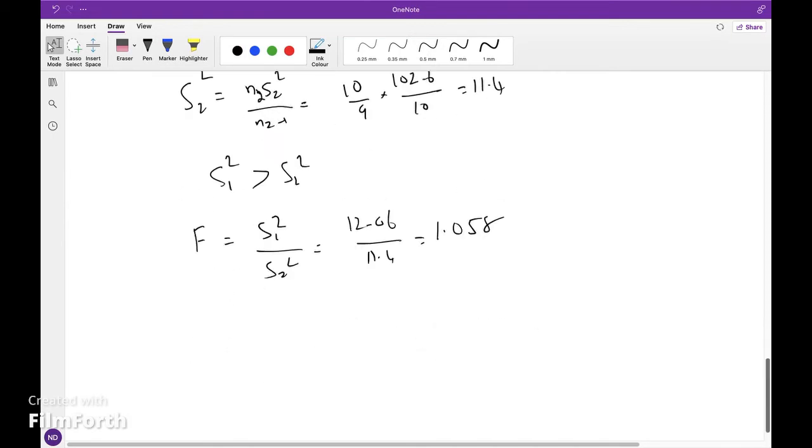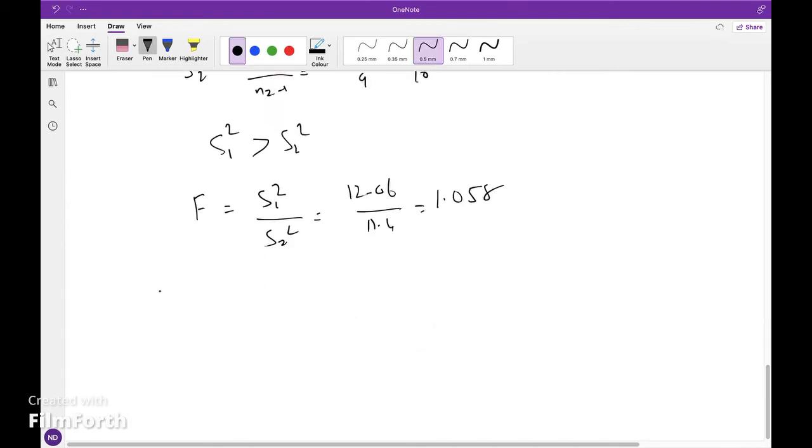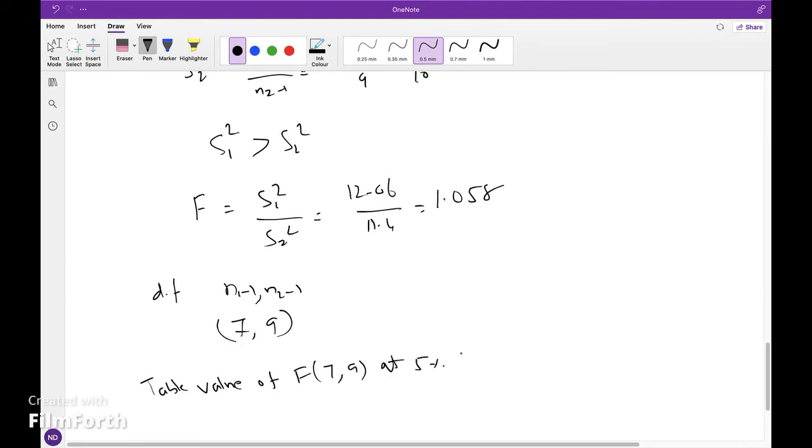Let's find the degrees of freedom. S1 is numerator, so N1 minus 1, comma, N2 minus 1. N1 is 8 minus 1, 7, 10 minus 1, 9. So table value of F test 7, 9 at 5% is 3.29.